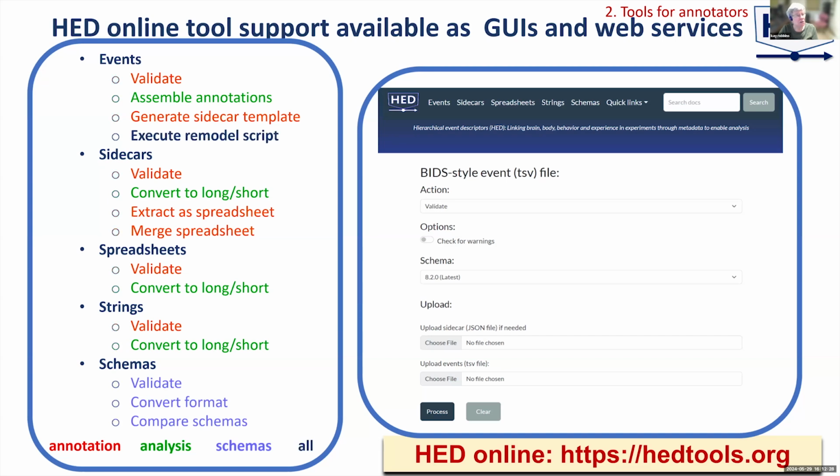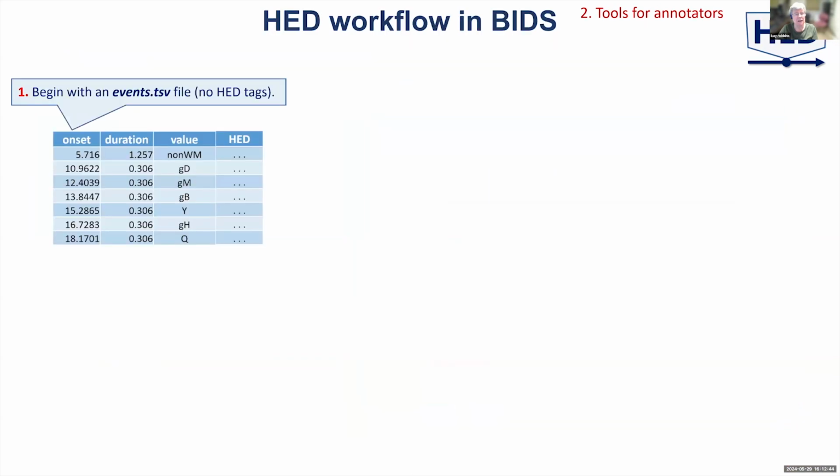And as I mentioned, we've done a lot with wrapping our core functionality into the remodeling interface, which allows you to write JSON scripts to execute commands, and that supports all aspects.